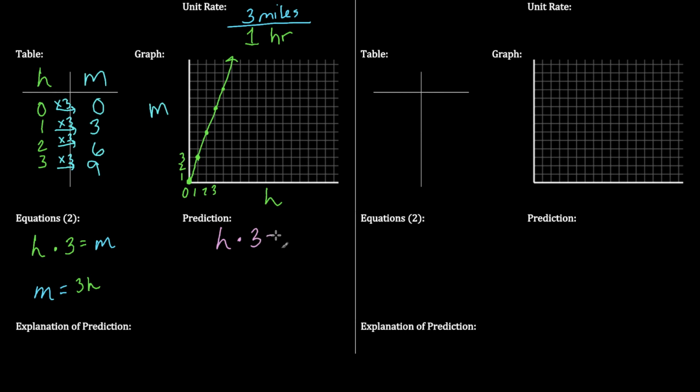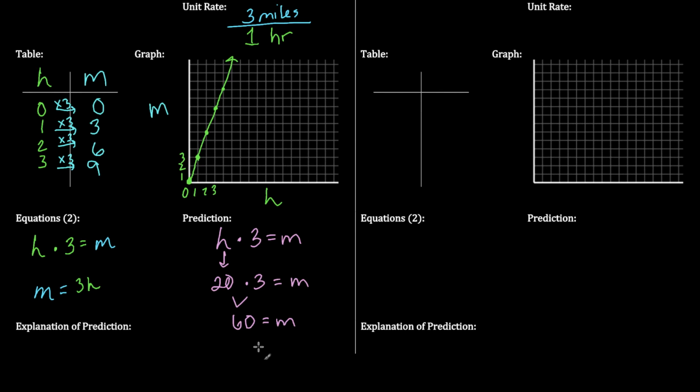H times 3 should give me m. Let's replace the h with 20. And 20 times 3 is 60. So 60 equals the number of miles.